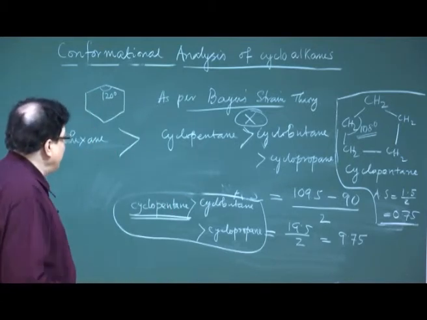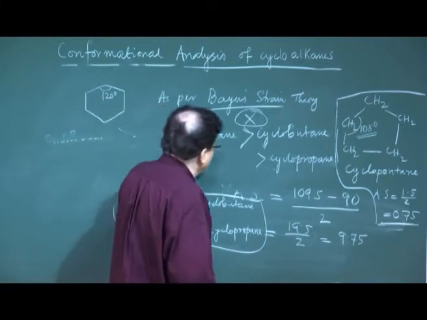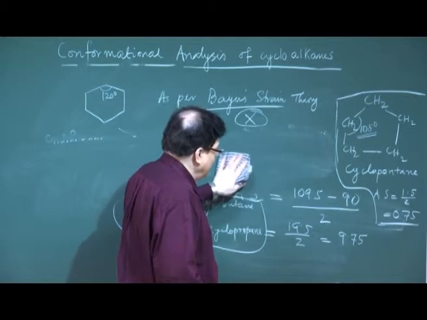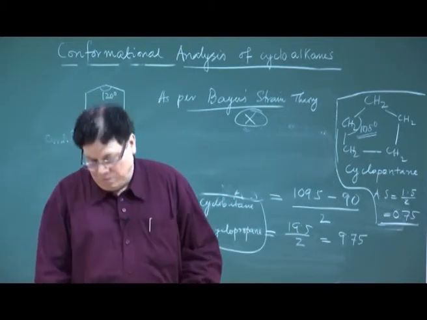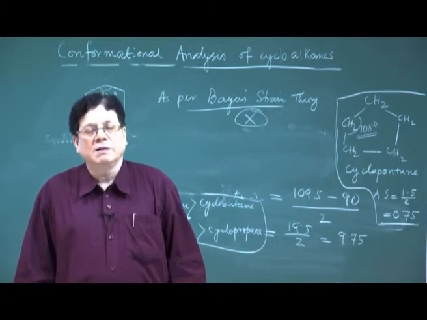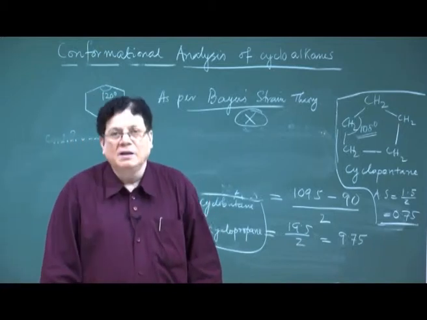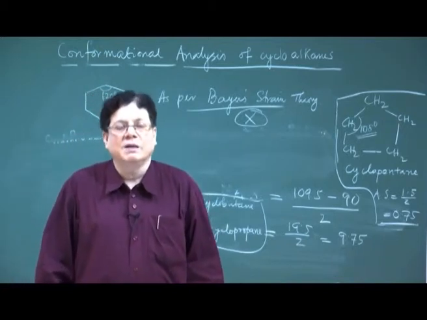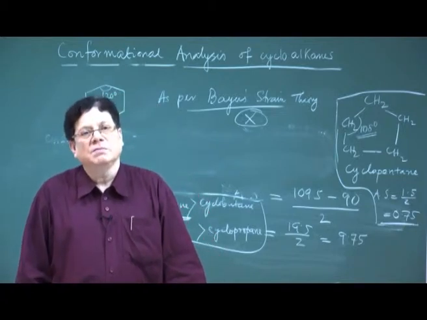So, a very good way to measure the stability, because that is a very valid question, how do you know which one is more stable, which one is less stable. Now, here again a very important concept that sometimes students get confused: sometimes students feel that a less stable system is more reactive than a more stable system.